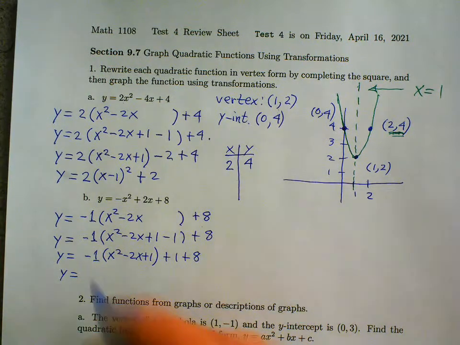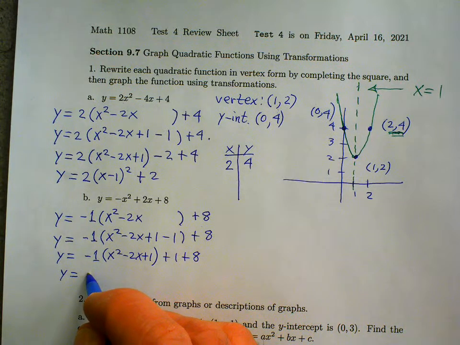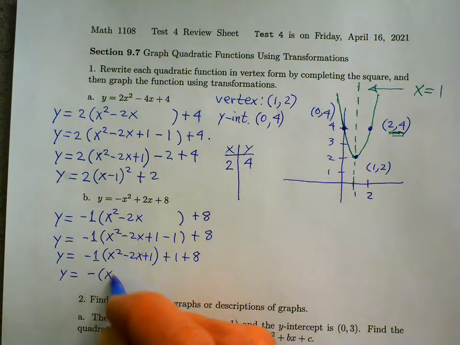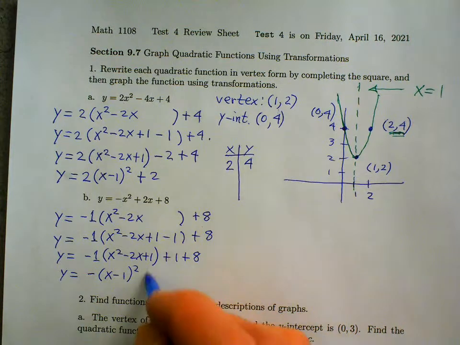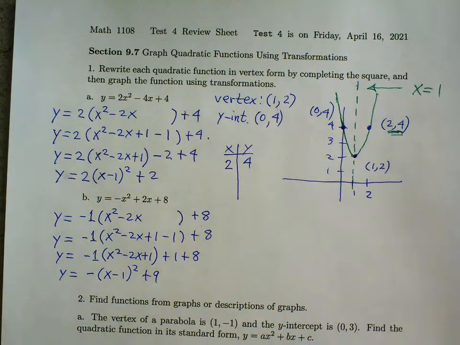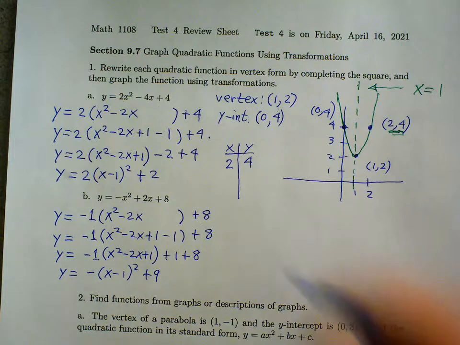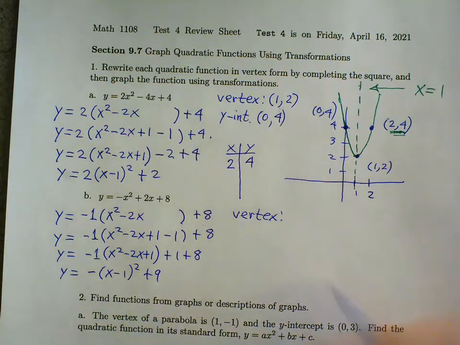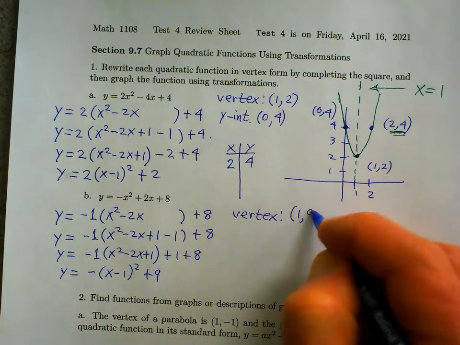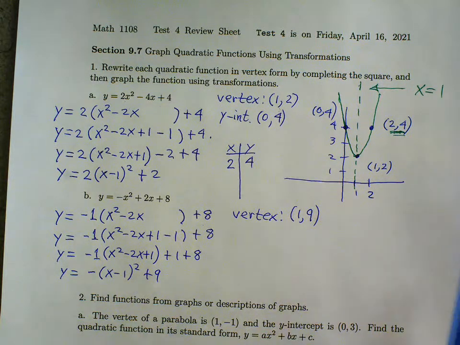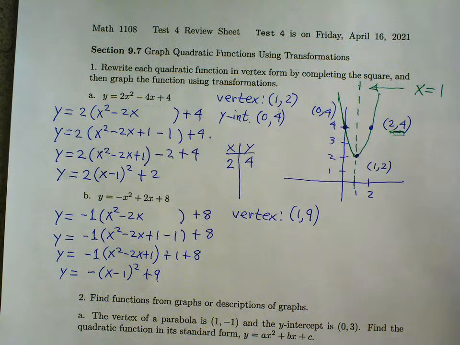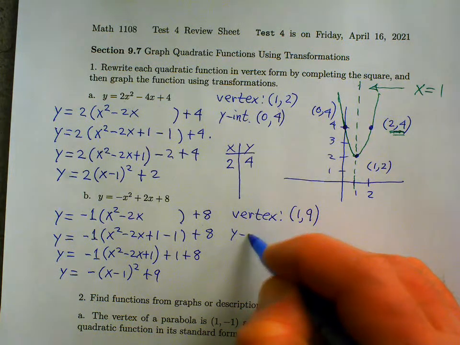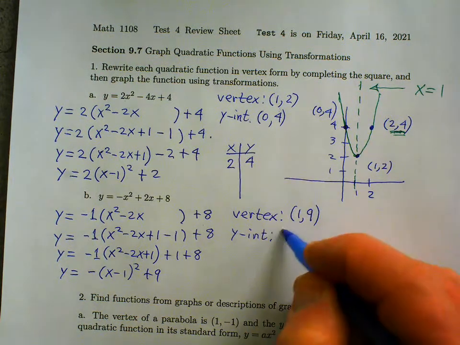And then we have y equals the negative of x minus 1 squared plus 9. Okay, so the vertex is the ordered pair 1, 9. The parabola opens downward. The y-intercept is 0, 8.